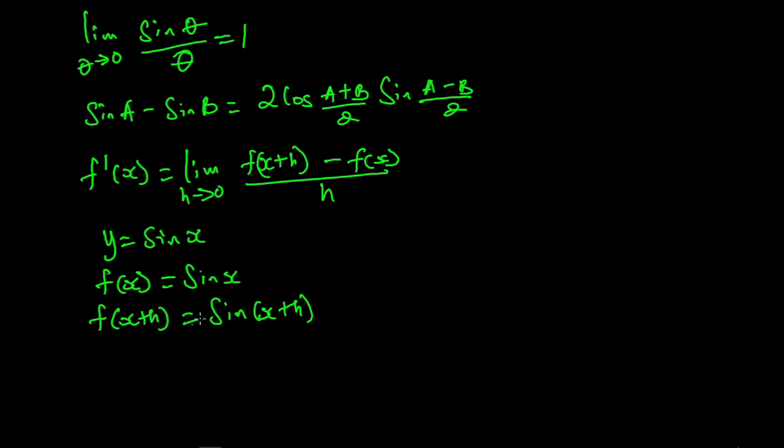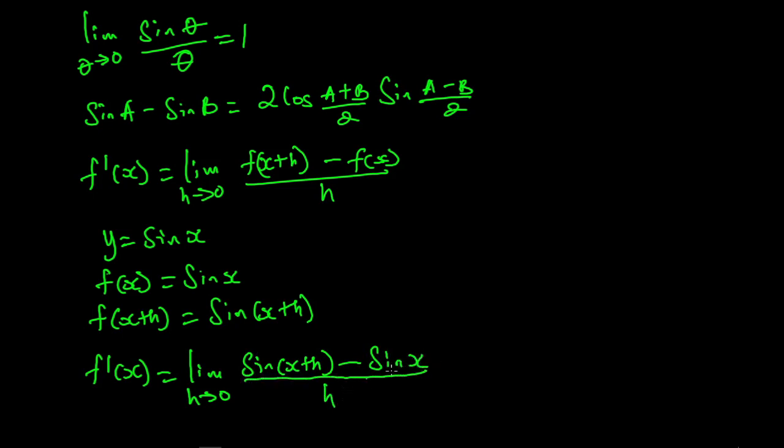Now let us factor this back into this formula. Therefore, our f prime of x, which is standing for the derivative, is equal to limit as h approaches 0 of f of x plus h, which is the same as sine x plus h, then minus f of x, which is the same as sine x, all over h.